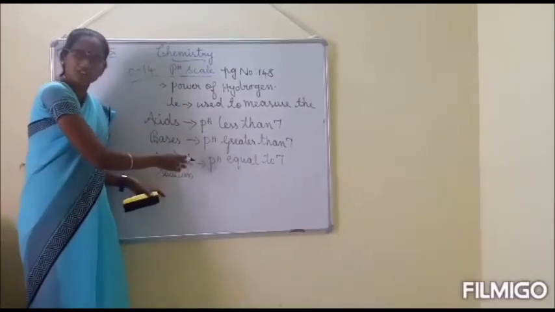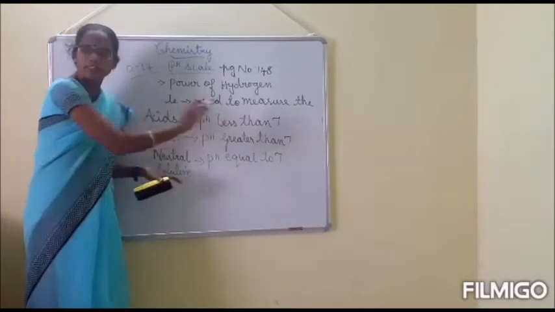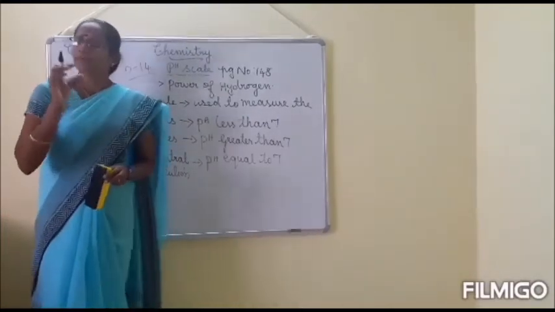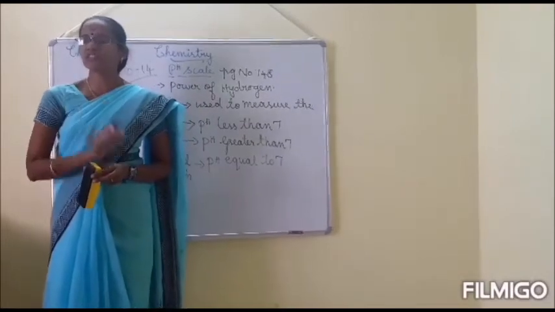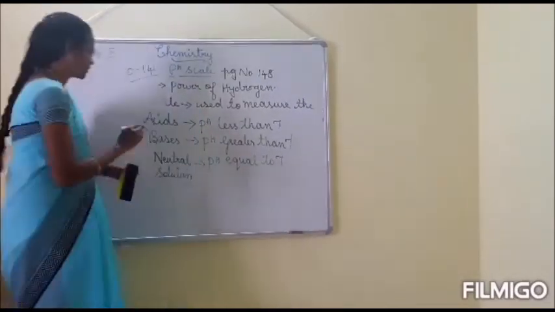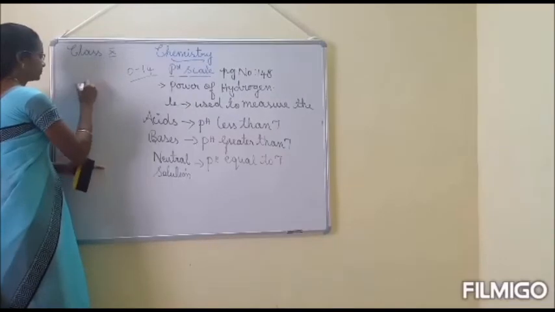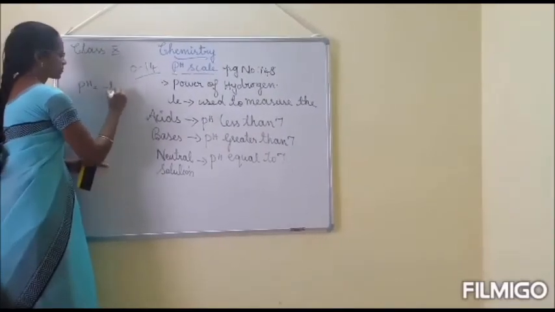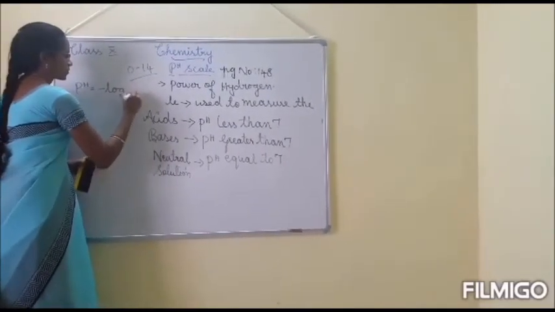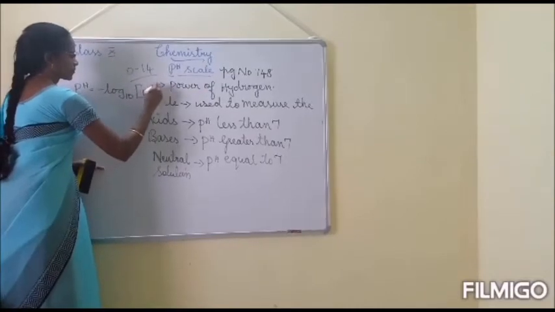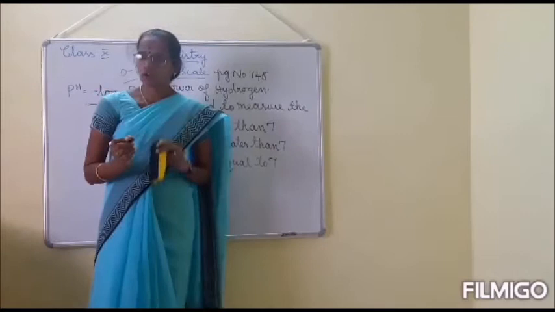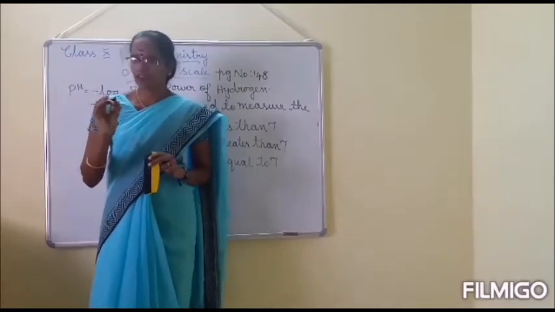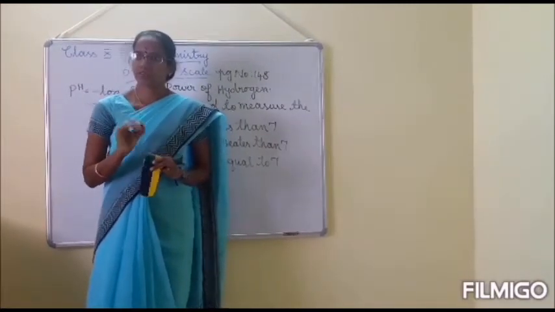A neutral solution has pH equal to 7. So pH is the negative logarithm of the hydrogen ion concentration.